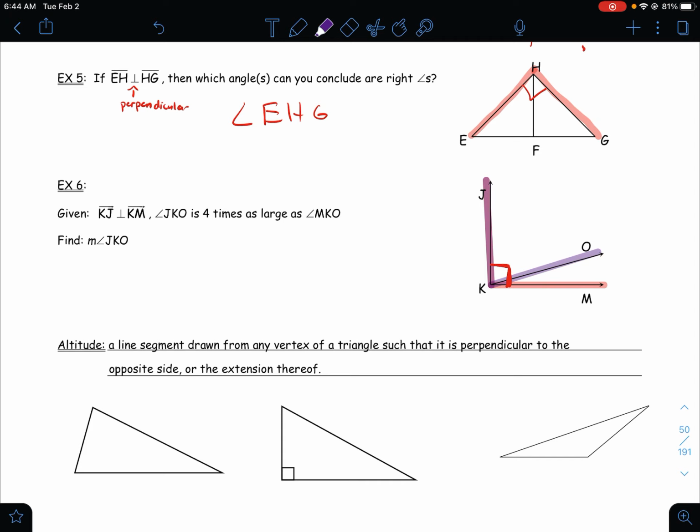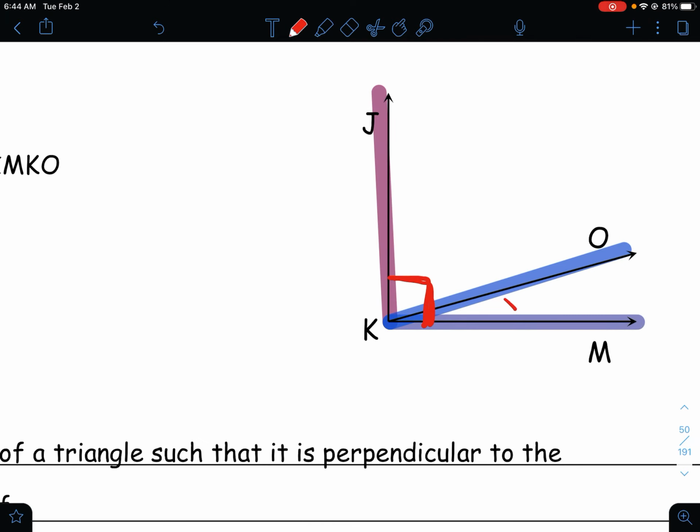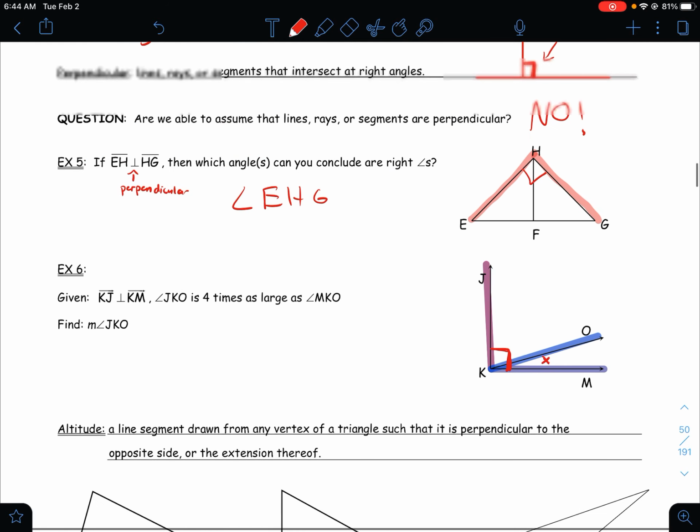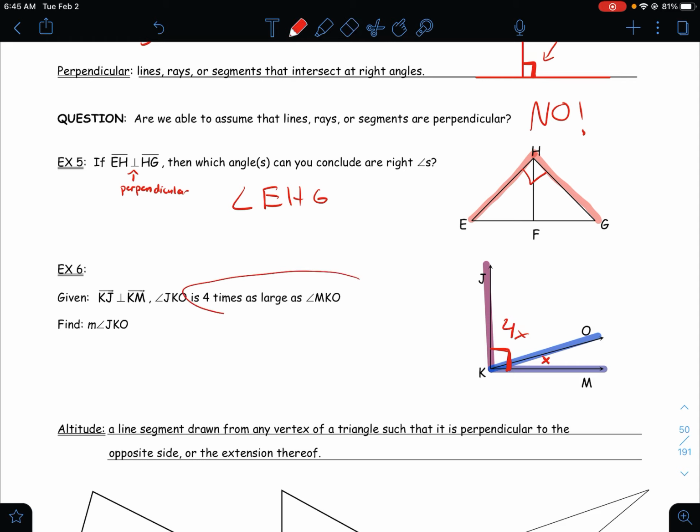Let's just say MKO is x. If JKO is 4 times as large, it's going to be equal to 4x. If this is 1, that's going to be 4. If this is 2, that's going to be 8. If this is 10, that's going to be 40. So we can use these variables to describe what they told us.